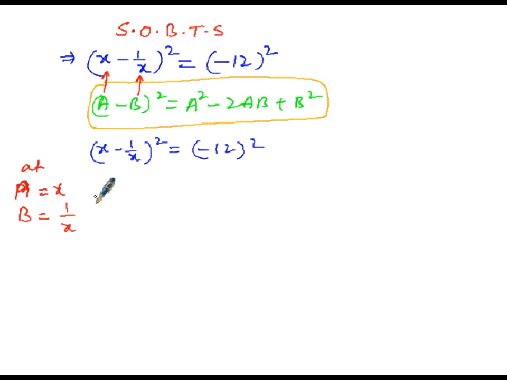That implies x minus 1 by x whole square, a minus b whole square, in its expansion is a square, so a is x, that is x whole square, minus 2ab, so 2 into a, which is x, into b, which is 1 by x, plus b square, so b is 1 by x, it must be squared. This is the expanded form of x minus 1 by x whole square as per a minus b whole square as a square minus 2ab plus b square.